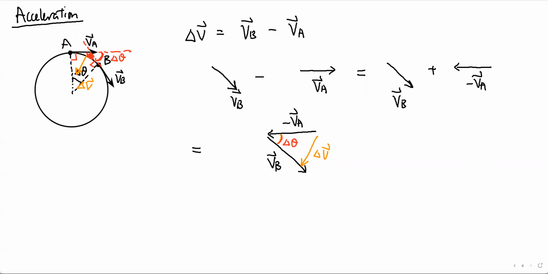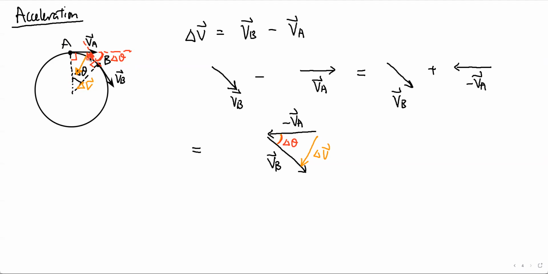I can't enlarge it. Now this one is delta theta. This is 90 degrees. This is 90 degrees. You can see this is a quadrilateral. The angle sum of a quadrilateral is 360 degrees.